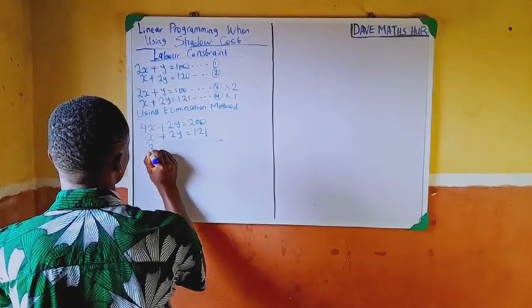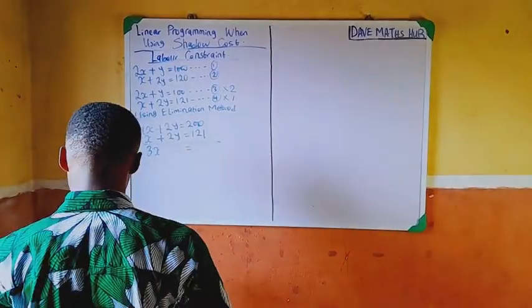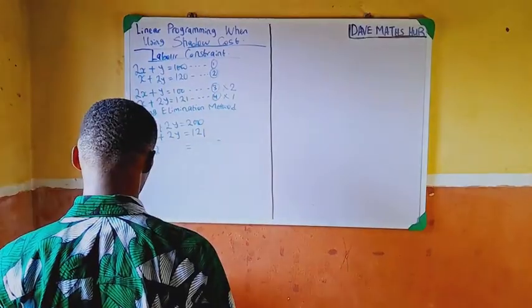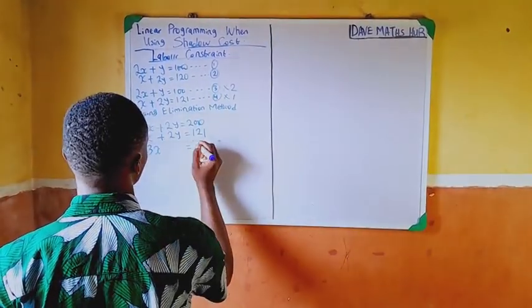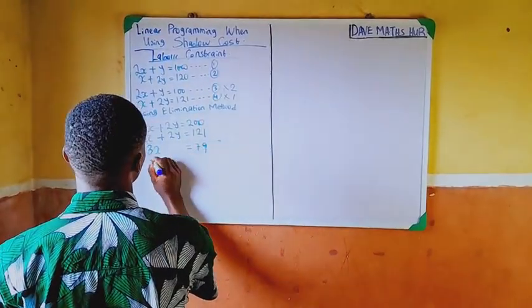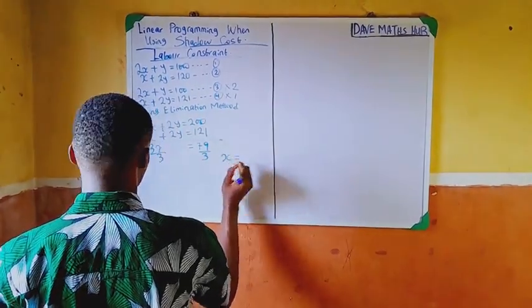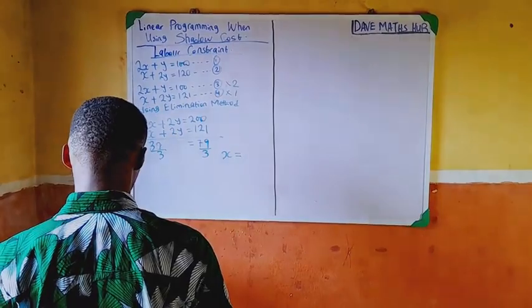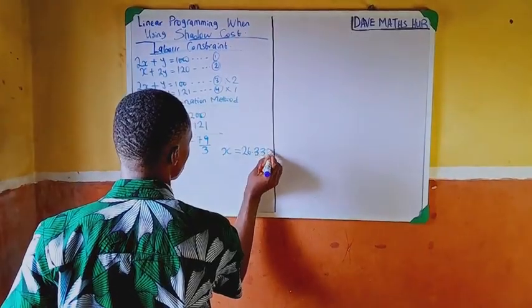4x minus x gives us 3x. This becomes 0. 200 minus 121, giving us 79. So divide both sides by 3. x equals 26.333.